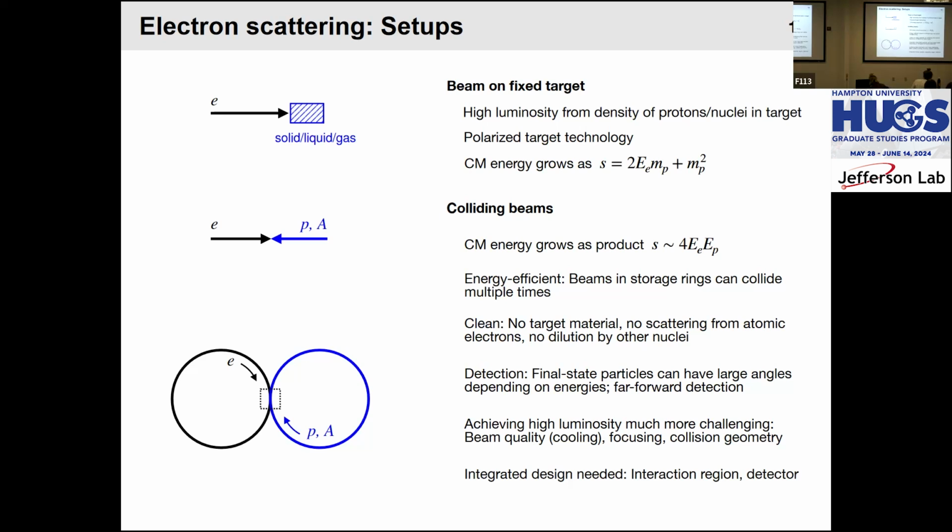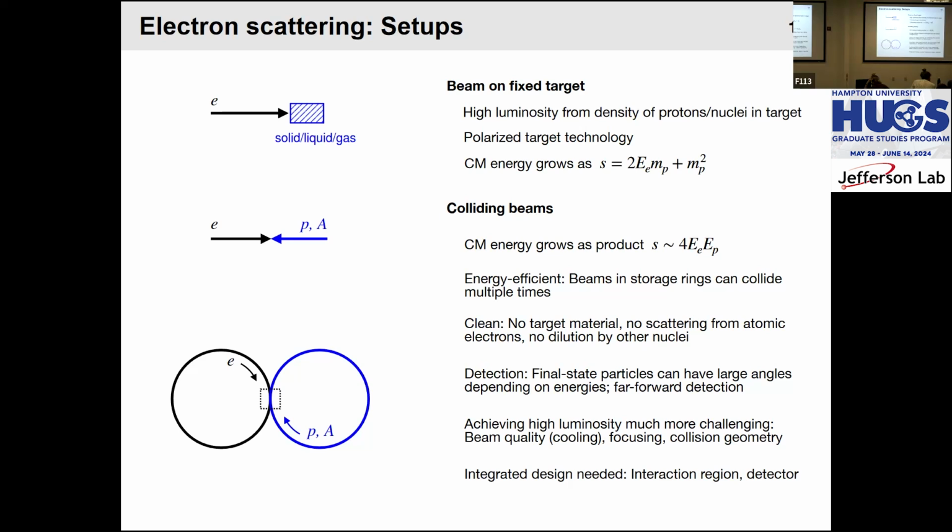The colliding beam setup is also very clean for scattering processes, in the sense that there's no target material. You don't have target cells or so, which always do contribute to scattering. Very importantly, you have no scattering from atomic electrons, which is a big nuisance, for example, in large acceptance detectors like CLAS12.